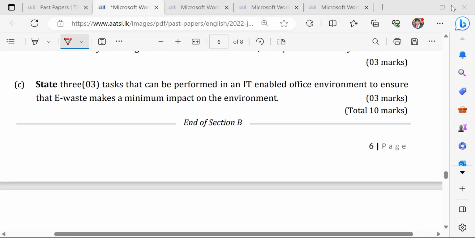And dispose of batteries and some electronic devices with due care. And use refurbished hardware, and we can adopt recycling and reuse. Yes, recycle, reuse, repair, all these are concepts we can use.